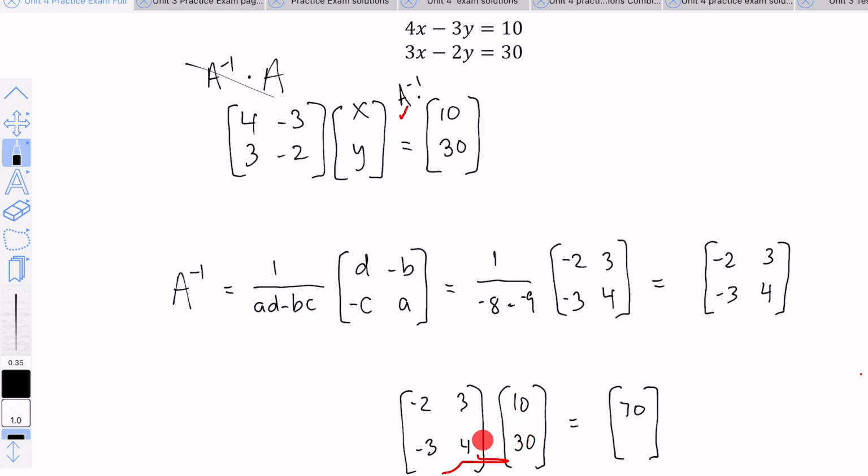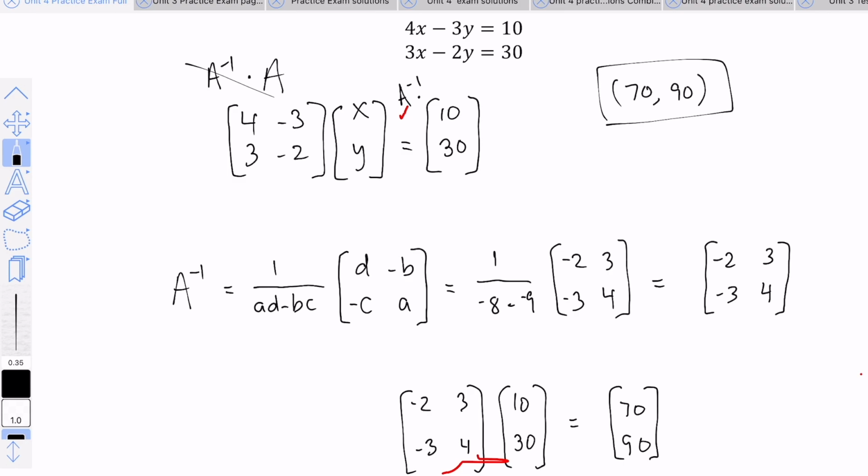So -30 plus 120 is 90. If there was a scalar multiplier out front, at this point I would multiply it into both of these values. But what we have here is the x, y matrix is equal to 70 over 90, which means that x is equal to 70 and y is equal to 90. So the solution is 70, 90.